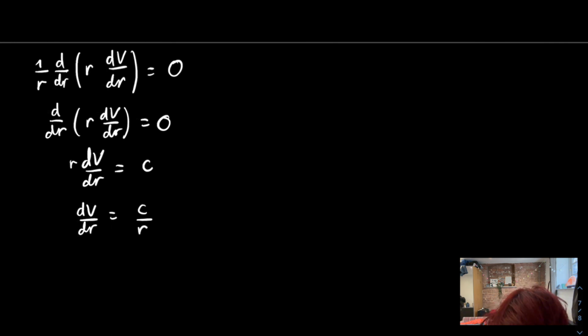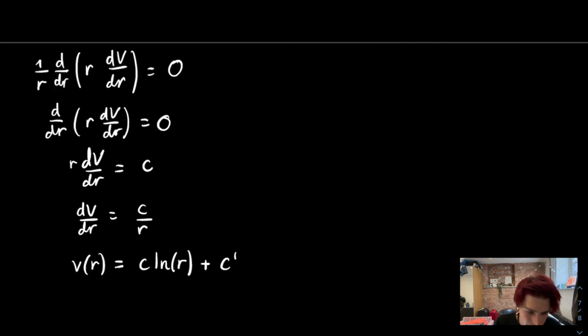Then when we integrate both sides, we get a natural log of r, which is what happens when we integrate 1 over r, and we get a second constant, just like with the spherical case.